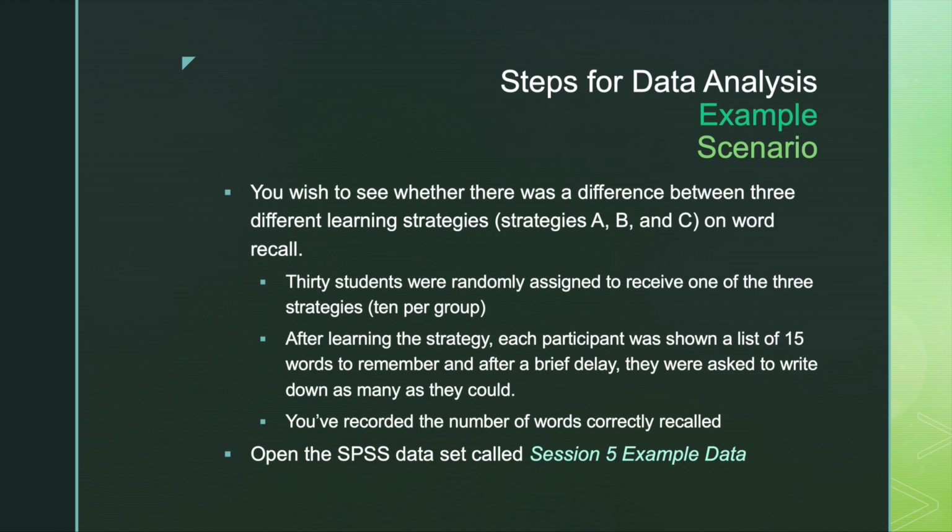After giving them a brief amount of time to learn those words, we took the words away and waited a little while, and then asked them to write down as many words as they could. We just recorded the number of words that they could correctly recall. And we've captured this data inside this session 5 example data.